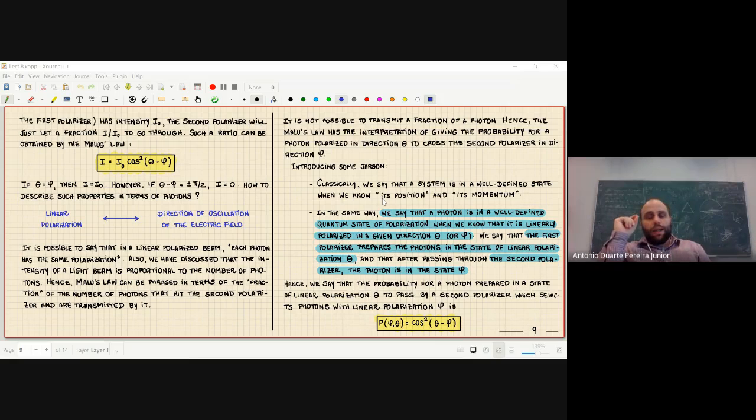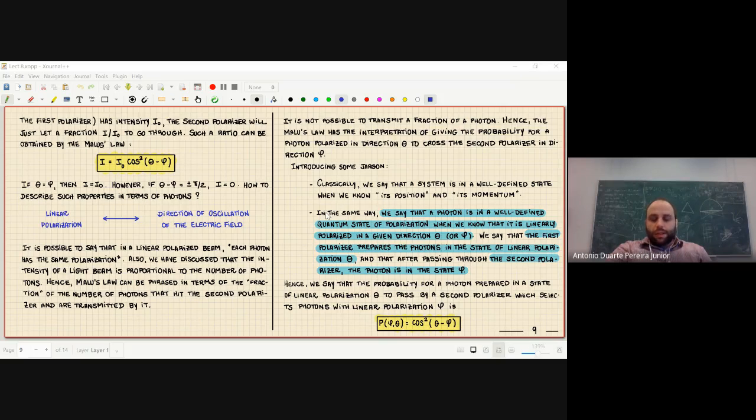In classical mechanics, you say that you know the state of the particle if you know the position of the particle and the momentum of the particle. This is all the information that you need in order to solve the dynamics of the particle, because these will be the initial conditions of your differential equation that you're going to solve, which is Newton's law.